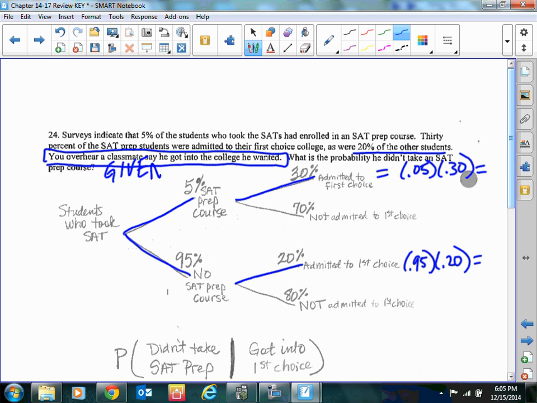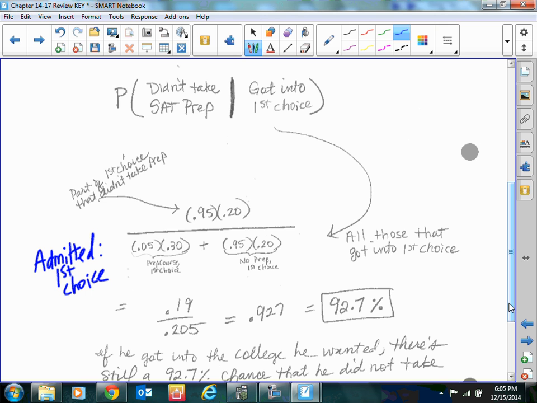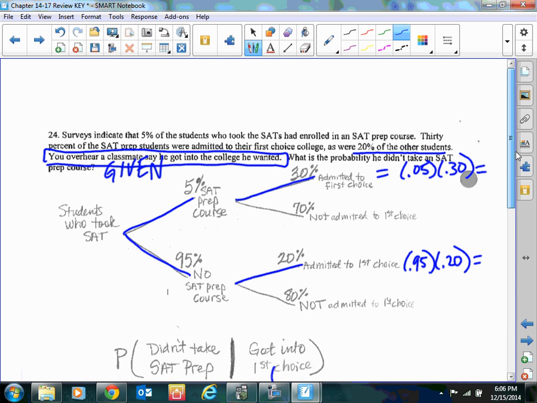So given that he got into the college that he wanted, that goes on the bottom. So that's all of those students who got their first choice. What portion of those did not take the test prep class? That's what this was asking. What's the probability that he did not take the SAT prep course?